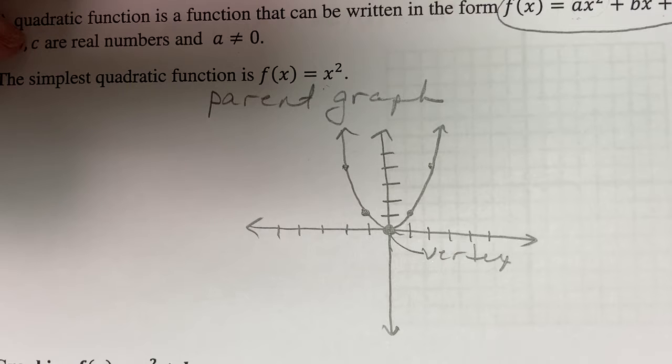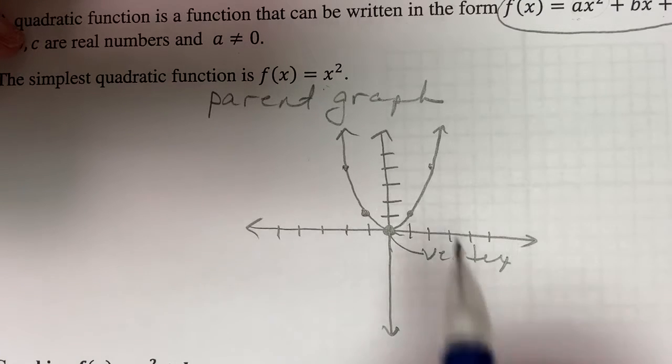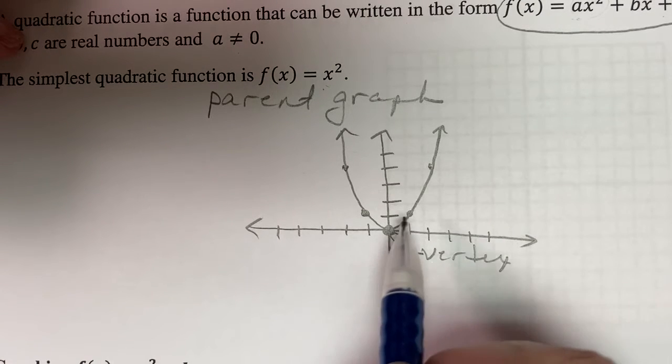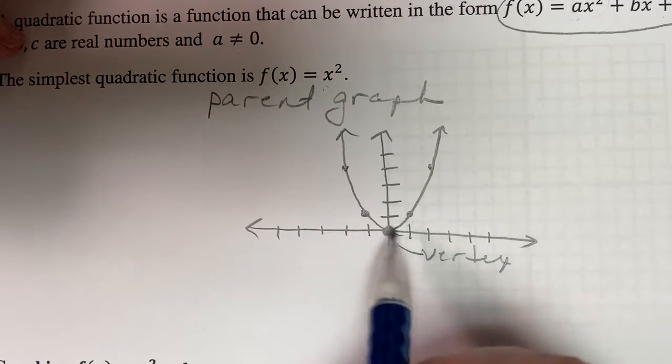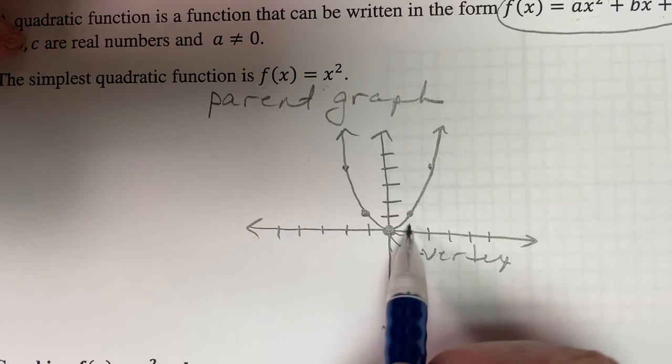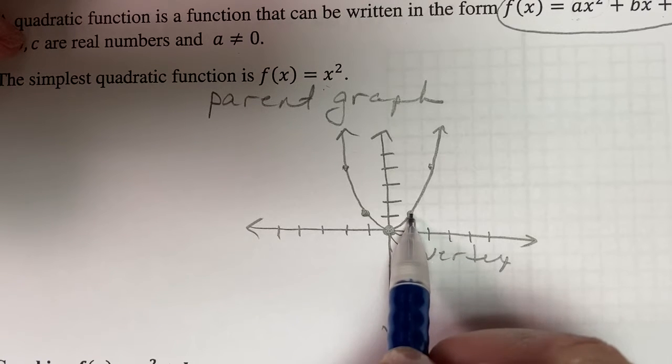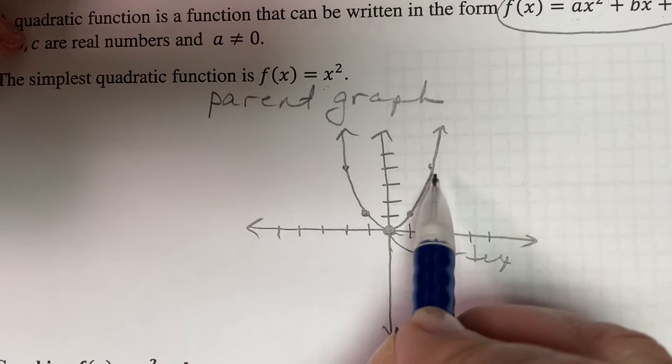Now, for all the graphs that we're about to do, you can always make an XY chart. But to do things a little bit faster, I want you to get a pattern in your head. As long as we don't change the shape of this parabola, from the vertex you would go to the right 1 and up 1, and to the right 2 and up 4.